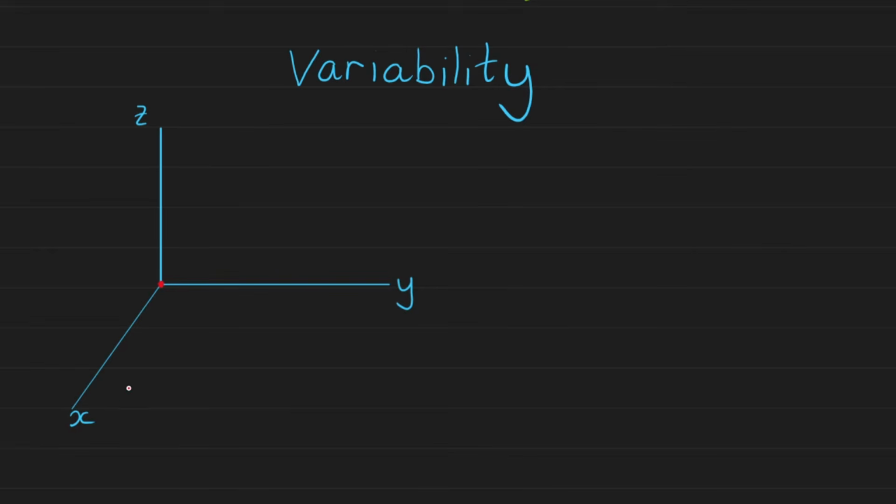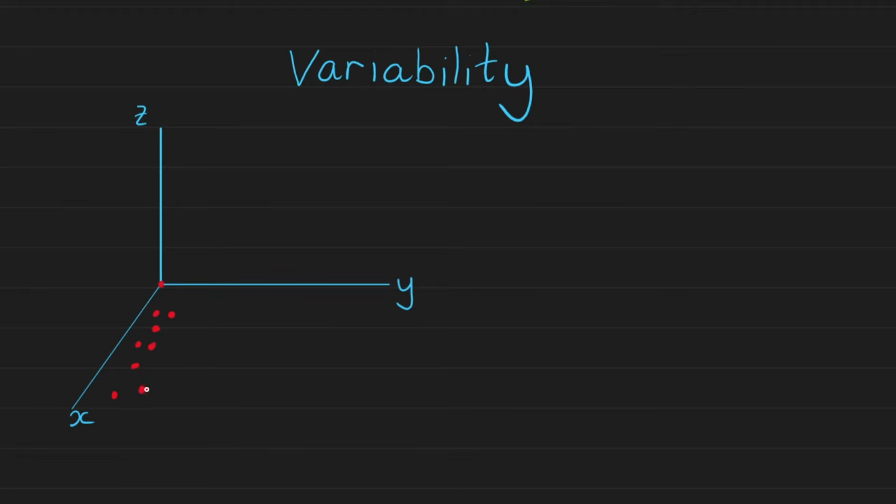Then 1 minute later, we find it's maybe somewhere there. Another minute later, we see that maybe it's here. Then maybe another minute later, it's there, and so on like that. So we can track the positions of this particle along the X, Y, and Z axis.